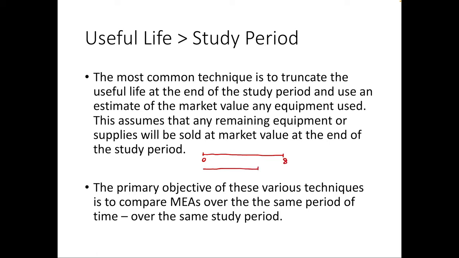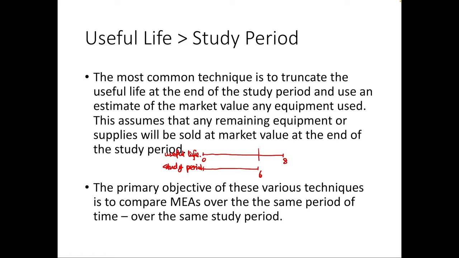Okay, let's say your item is good for 8 years, but your study period is only 6 years. Okay, so how do you do that?